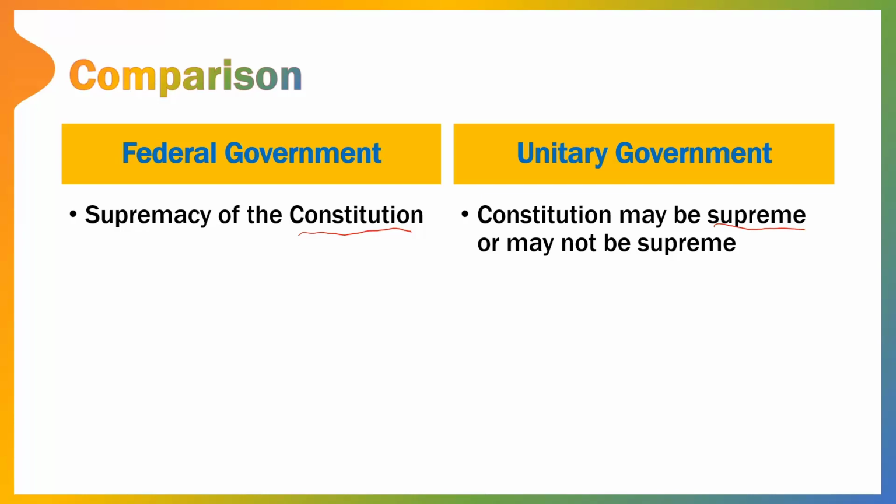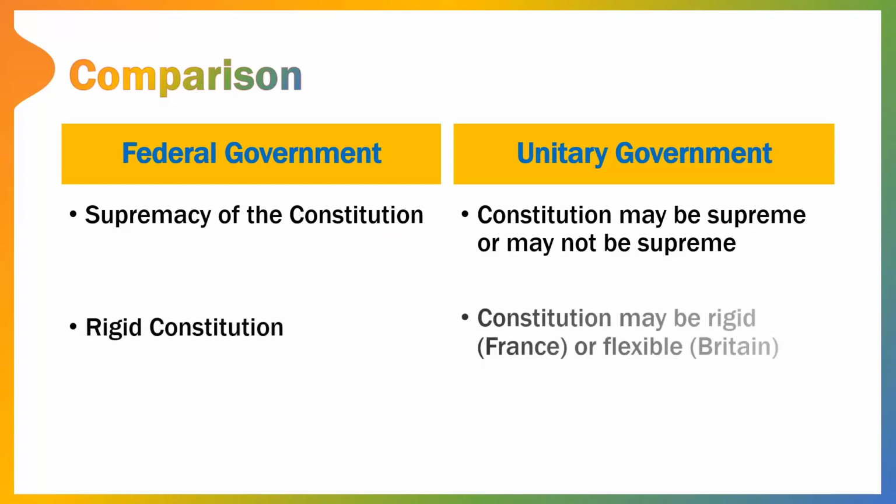Britain has an unwritten constitution, but it is not supreme there. In Britain, all the power is in the hand of the Queen. Clear? So a unitary government does not necessarily follow the constitution.